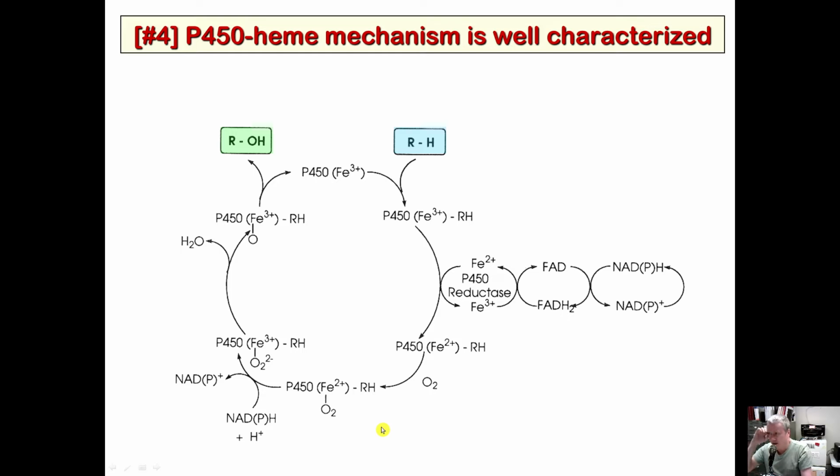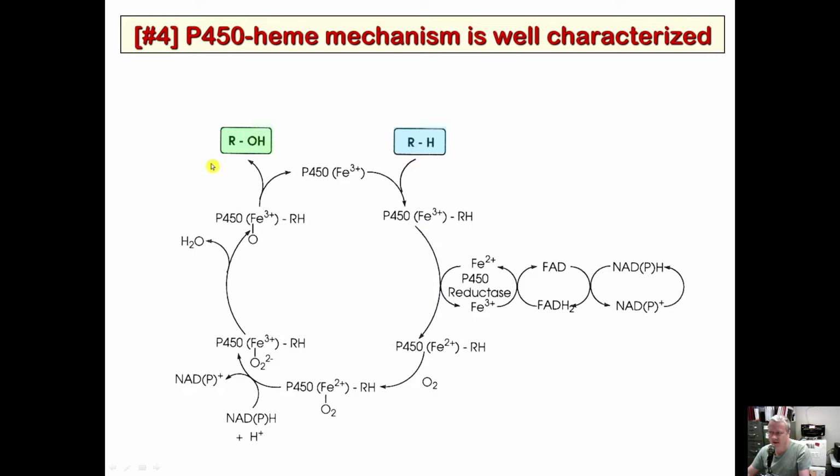This shows a catalytic mechanism for how P450 works. Essentially, on the left here is the substrate coming in with a C-H, and at the end the oxidation will spit out an OH, like an alcohol or something.